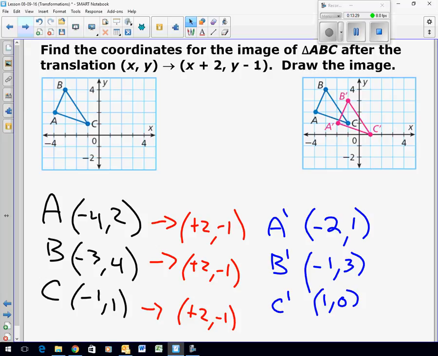After I have plotted these points, I will have both a pre-image and an image. That tells me the transformation that took place. That's a translation, guys. I translated 2 units to the right and 1 unit down. Everybody see that? Pretty simple, right? Pretty straightforward.